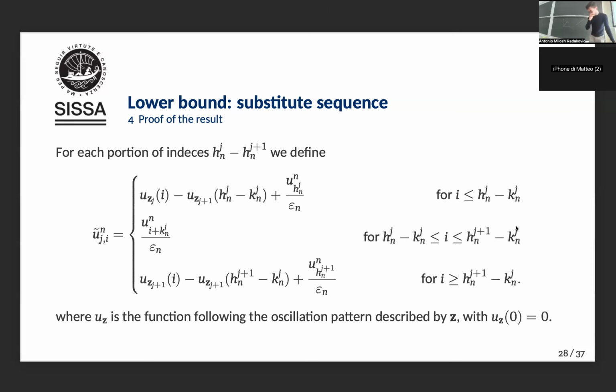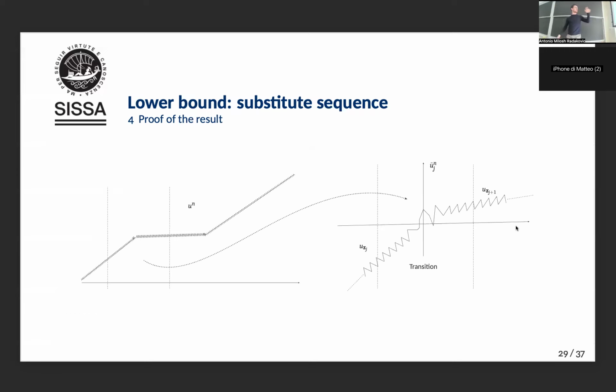So, to proceed, we need to change our sequence of functions with something that is admissible for the minimal problem defining the transition energy. We will make this change with U tilde. I put the analytical expression just because it's nice to have, but let's understand what is going on by a graph. We focus around a singular point, which is basically a corner of our function.